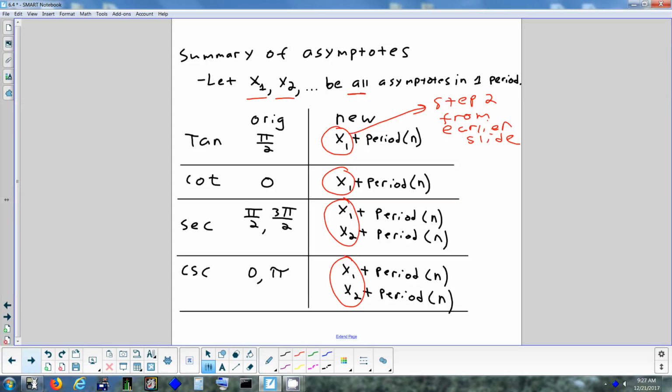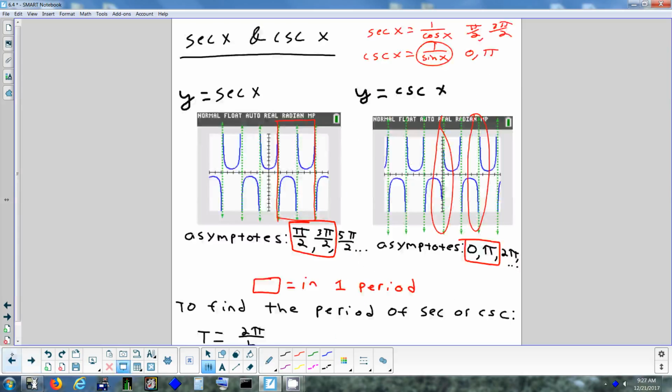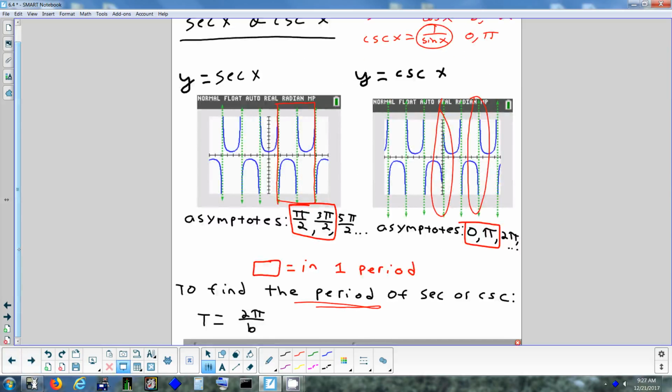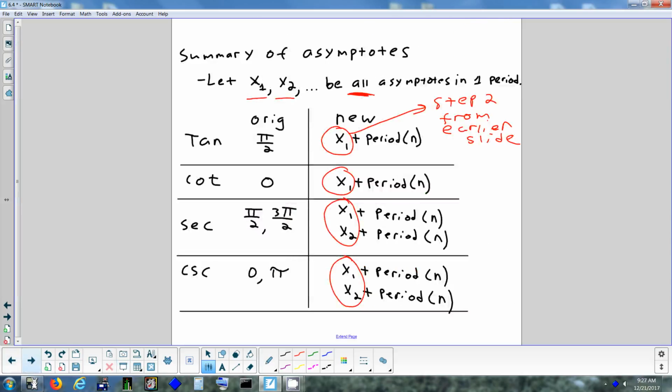And then, to write all the answers, put plus period times n. And if you're not sure how do I find the period, I just gave you a formula for that, right there. That's how you find the period. And you have a formula for each function now, all 6 of them, to find the period.